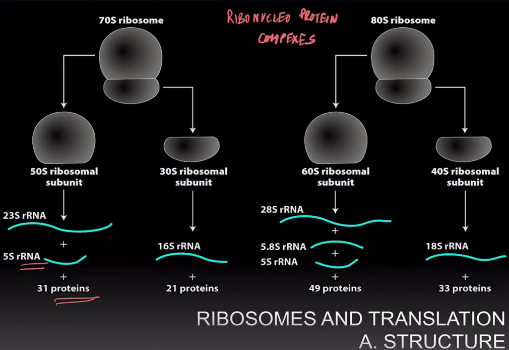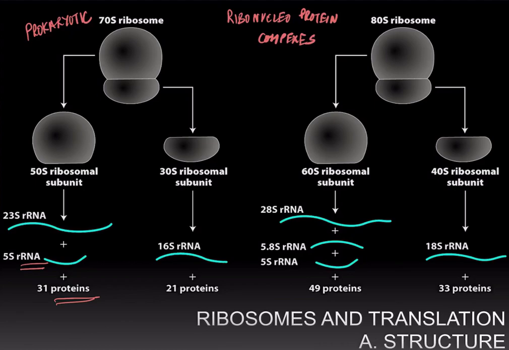Now, the prokaryotic ribosome is composed of two subunits, the large subunit and the small subunit, and their sizes are measured in what's known as Svedberg sedimentation units, which has to do with centrifugation.